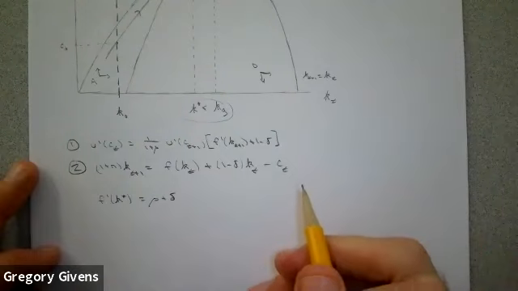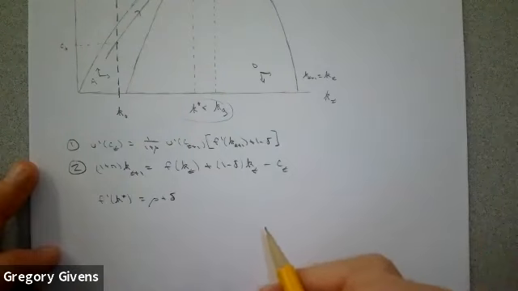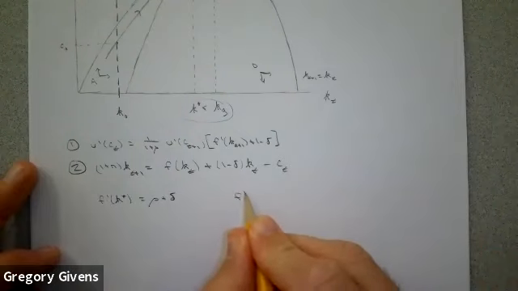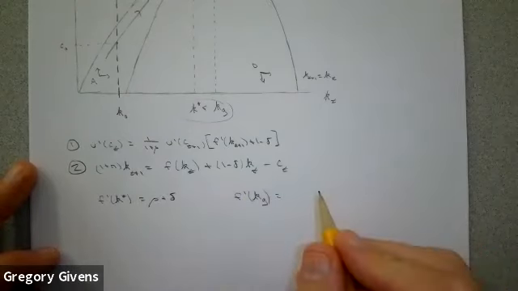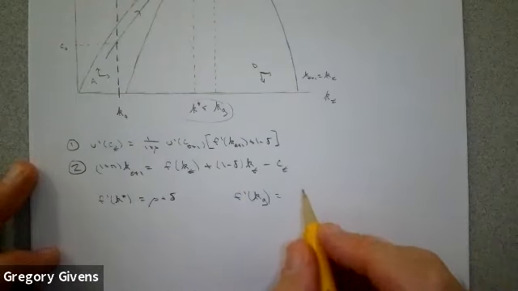What is the golden rule condition? You guys remember? It's where the marginal product of capital was equal to n plus the discount rate.